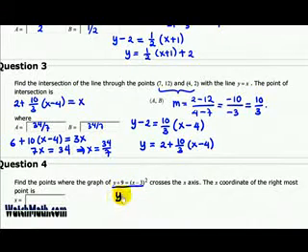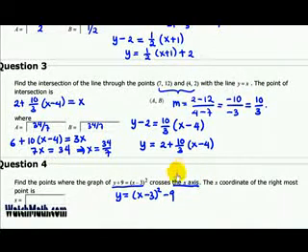Or if you want, first you write this as y is equal to (x minus 3) squared minus 9. And the equation of the x-axis is y equals 0. Now we want to find for which x this y and that y are equal. So we want to find all x's that make (x minus 3) squared minus 9 equal to 0.